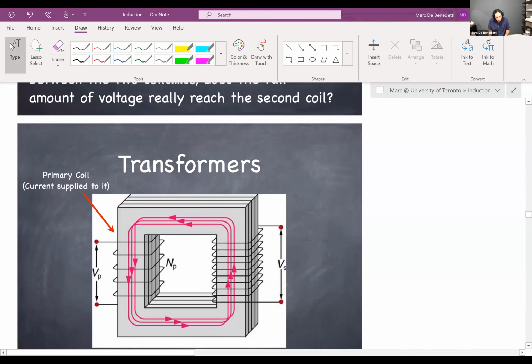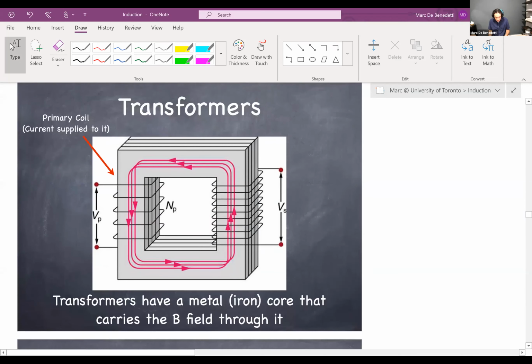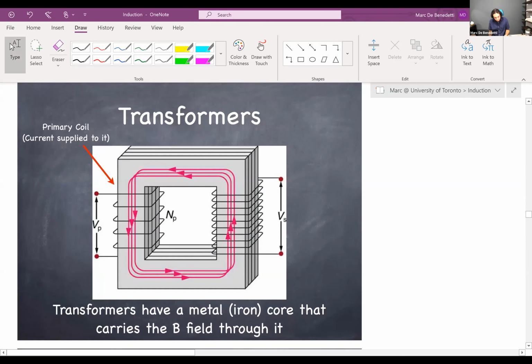This is what a transformer is. So here's the premise. You have a primary voltage source, and it really has to be, well, even if it's DC for a second, AC, DC, let's just assume it's just some sort of voltage source for a second.